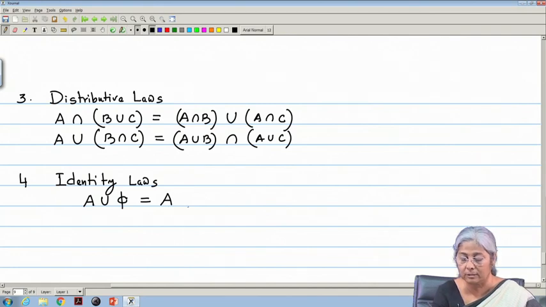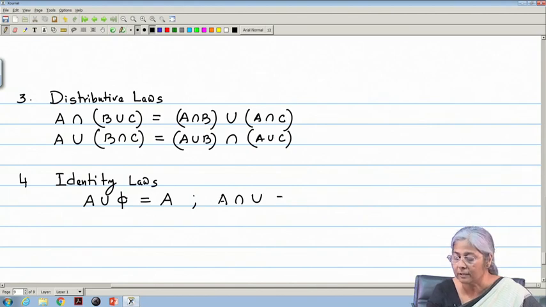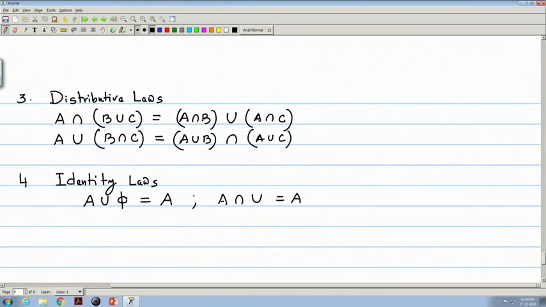Similarly, if I take A intersection with my universal set, then again this is the set itself. So, this is as if the identity.